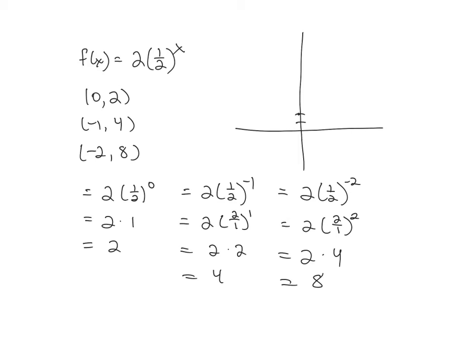So 0, 2, and then -1, 4, and -2, 8. And remember that it's going to be kind of flat over here, and then it's going to go up. All right, so not a whole lot changes.